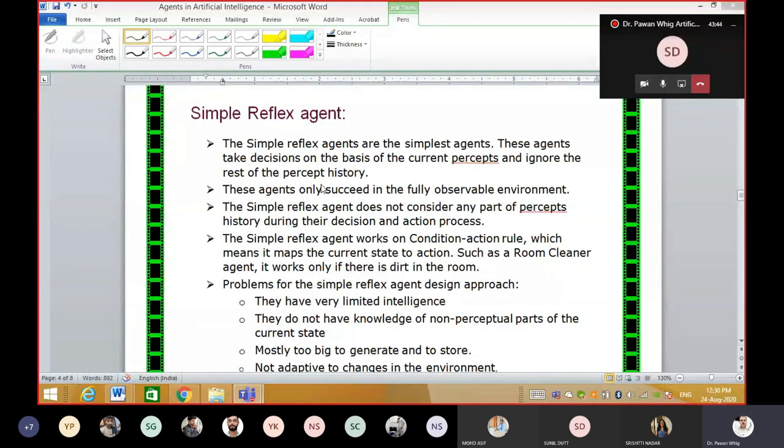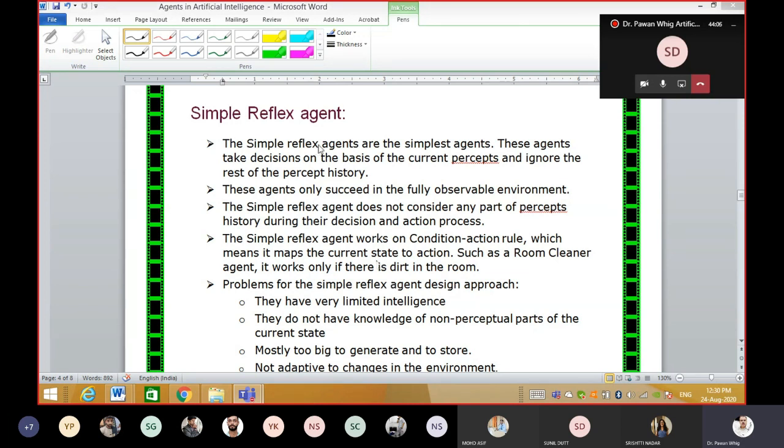Let me explain with one more example. Let us suppose that you have a room cleaner agent. It works only if there is dirt, otherwise it will not work. That is a reflex agent. Once it came to know or saw that the room is dirty, it started working, otherwise it is stopped.